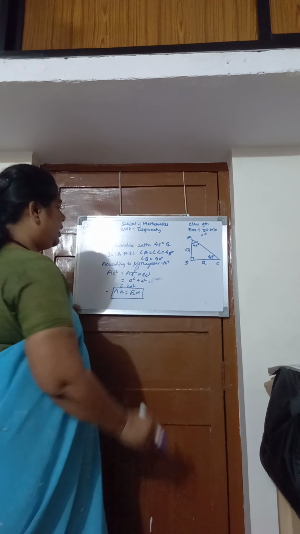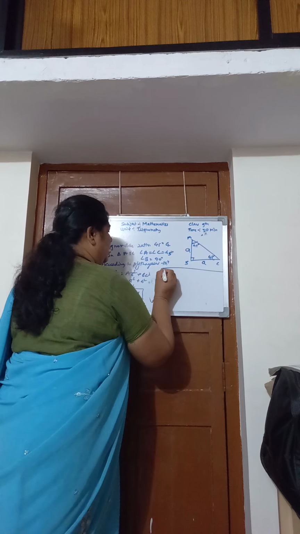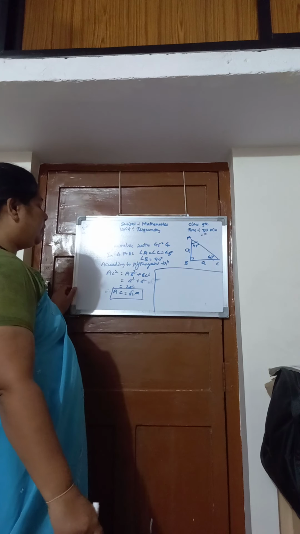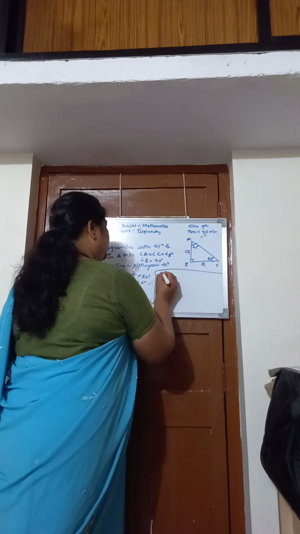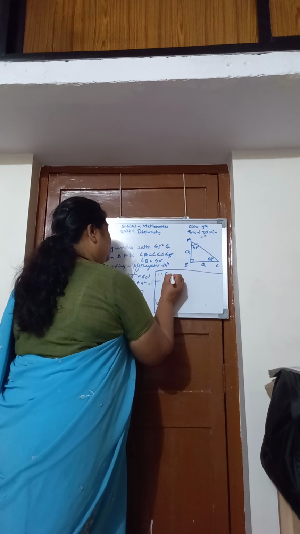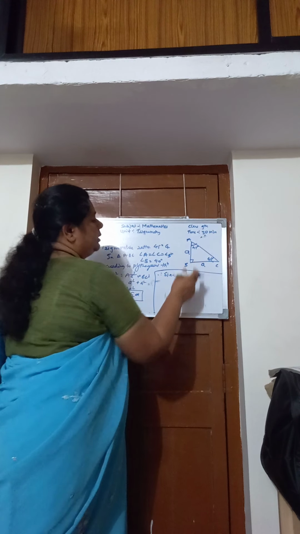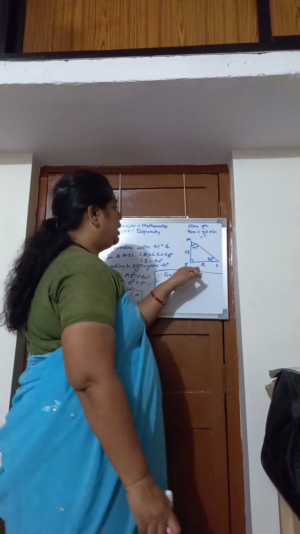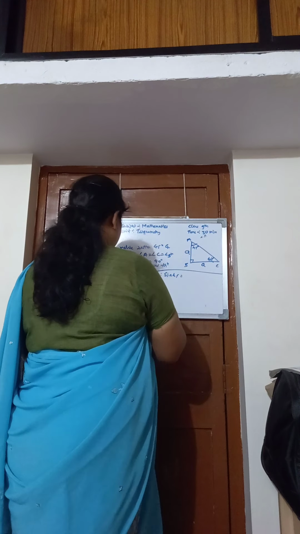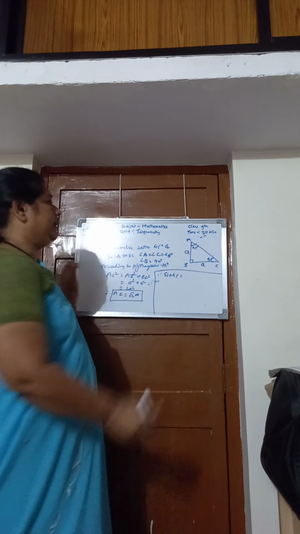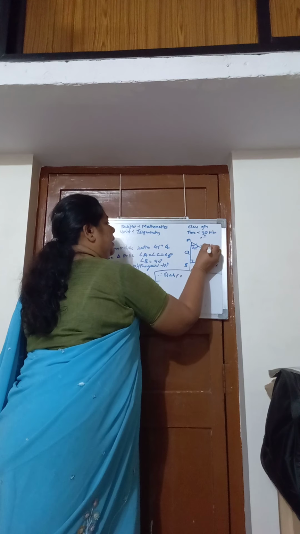Okay. Then we have to calculate the value of sin 45, cos 45 and tan 45. Therefore, sin 45 equals A upon AC. We have calculated AC is equal to root 2a. Write down here root 2a.